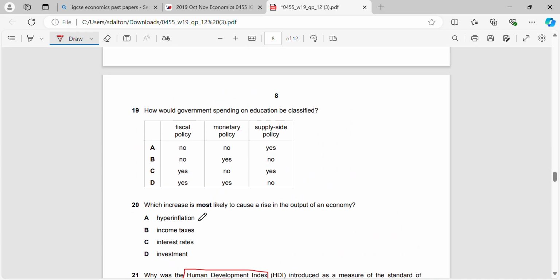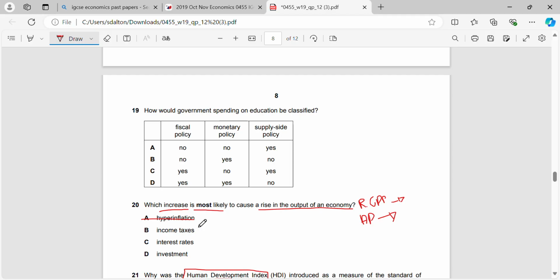Okay, which increase is most likely to cause a rise in the output? So which increase is likely to move real GDP, right? Therefore, we can assume which one is likely to increase aggregate demand. Okay? Now, hyperinflation, definitely not.